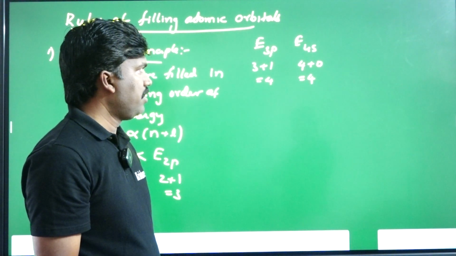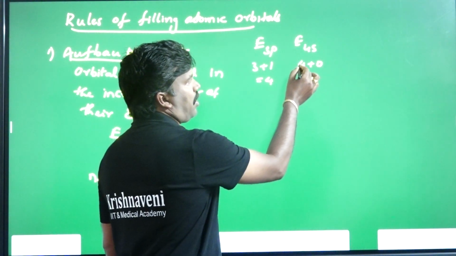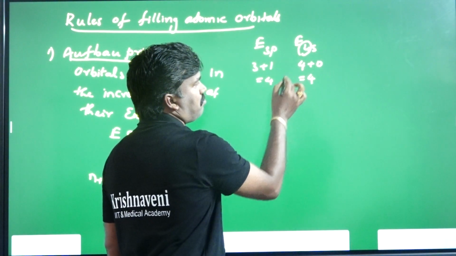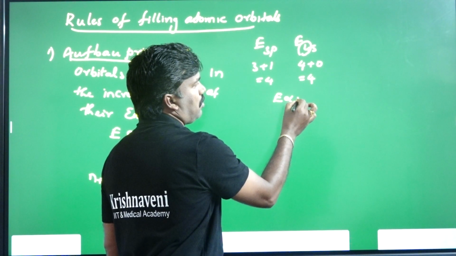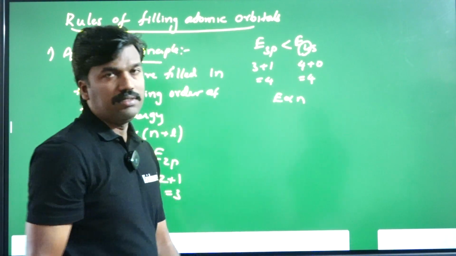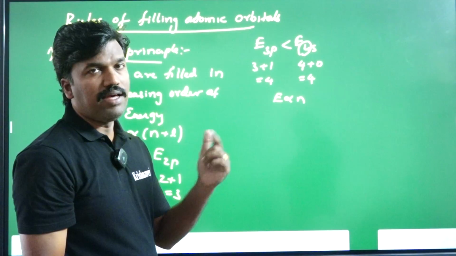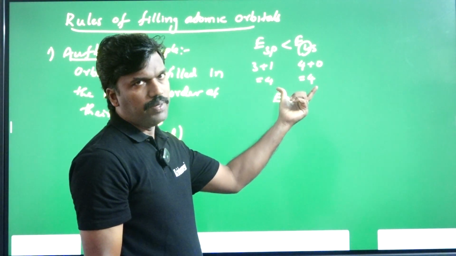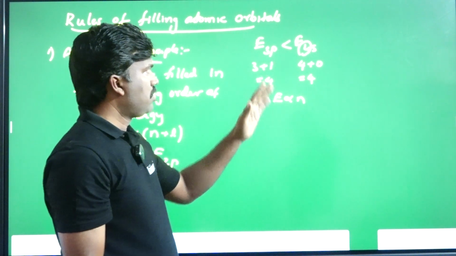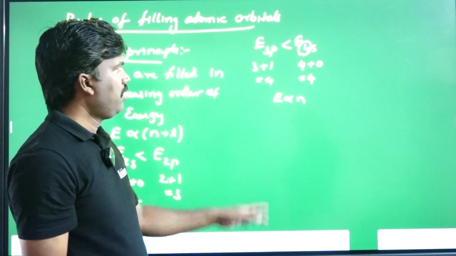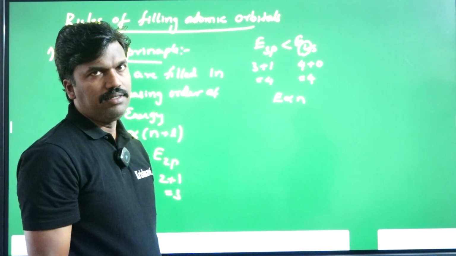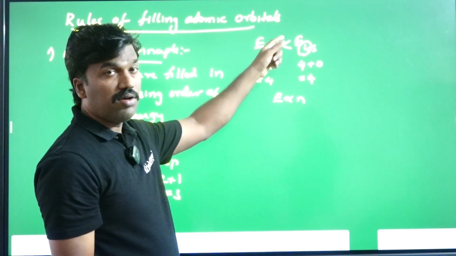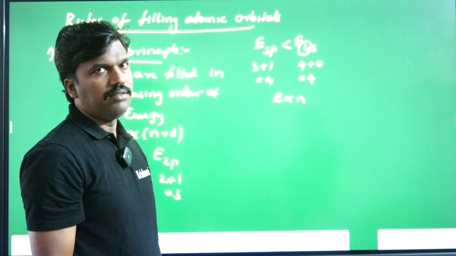Then the orbital having high n value should have greater energy. More the n value, more the energy when n plus l sum is equal. So, according to Aufbau principle, 3p orbital is filled first. Then only electron will enter into 4s orbital.